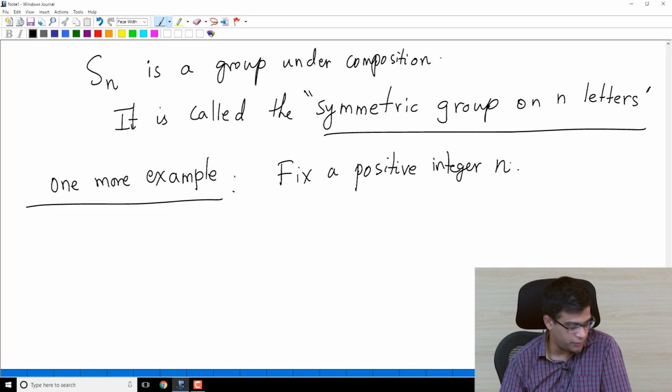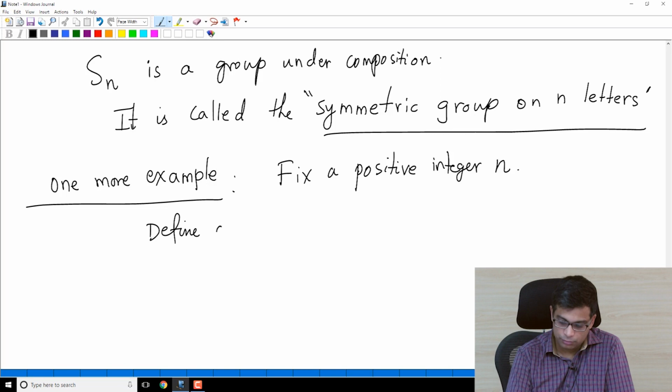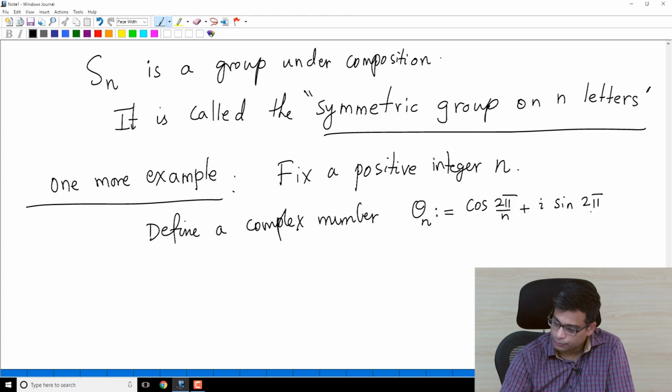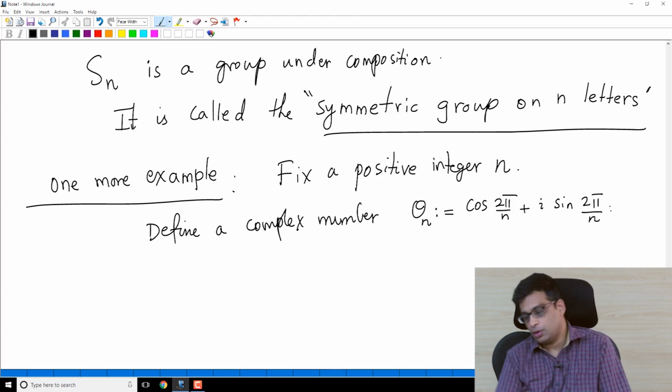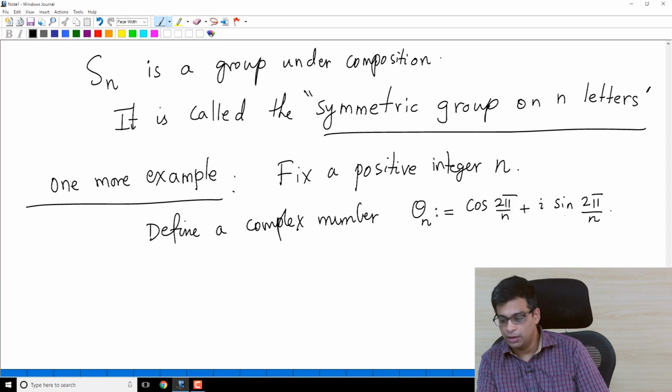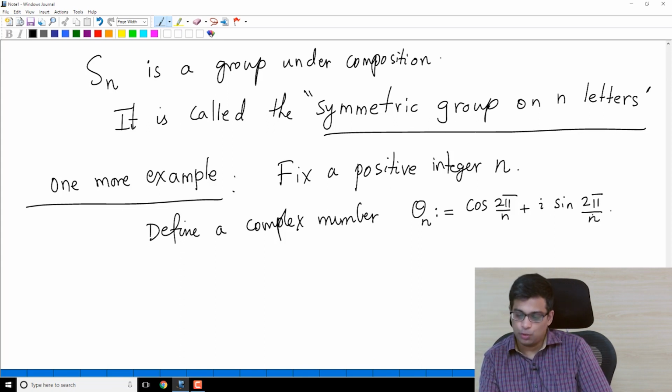Okay, so, n is a positive integer, and I am going to define a complex number theta n to be cosine 2 pi by n plus i sin 2 pi by n. Complex numbers are of the form a plus i b, where a and b are real numbers. So, here I am taking cosine 2 pi by n plus i times sin 2 pi by n.